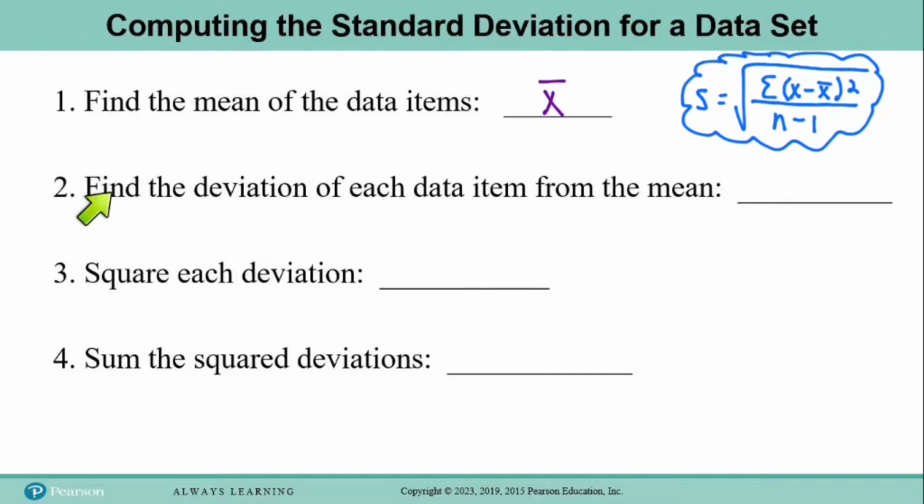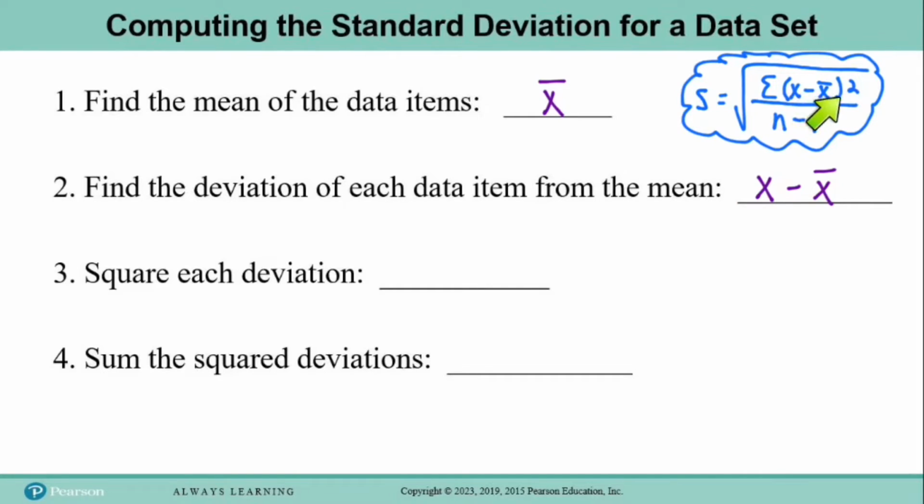So step 2, find the deviation of each data item from the mean. That would be x minus x bar for each value. If your data set contains 4 values, you'll have 4 deviations. If your data set contained 10 values, you would have 10 deviations. You have to do this subtraction for each value in your data set.